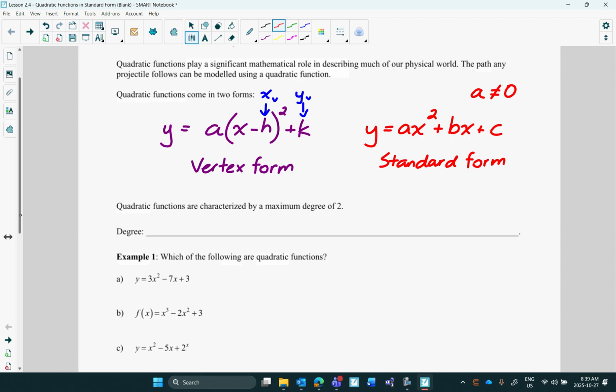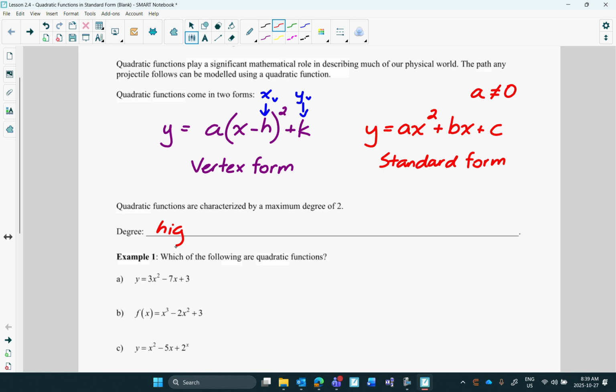And one other thing before we start moving on, quadratic functions, we refer to them like we refer to expressions that have exponents by their degree. The degree of an expression, it's the highest exponent you see in the expression.